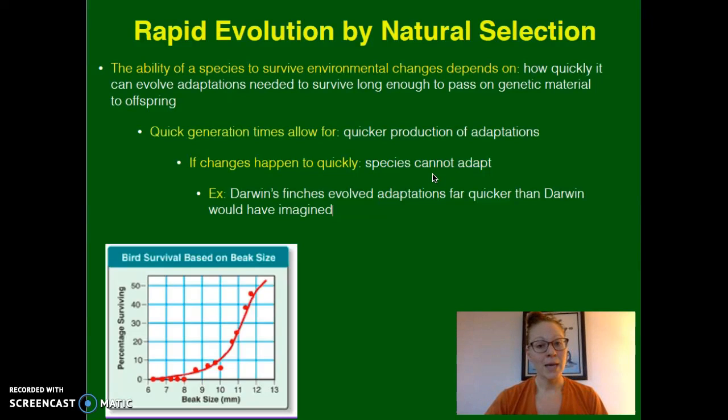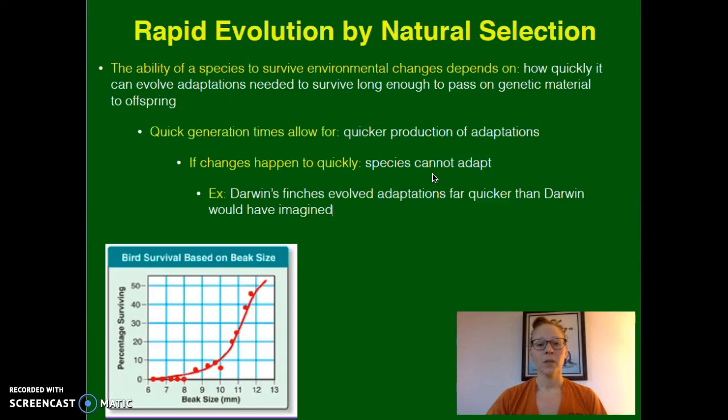Let's now talk about the pace of evolution by natural selection. This is going to be based on the ability of the organism to adapt. How quickly can an organism adapt to changes in the environment? And this should make sense if you think about it.